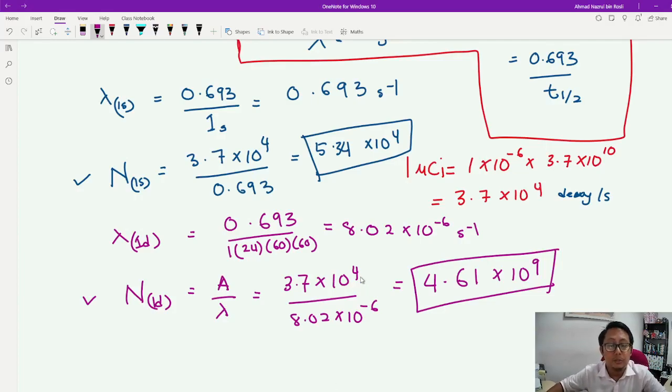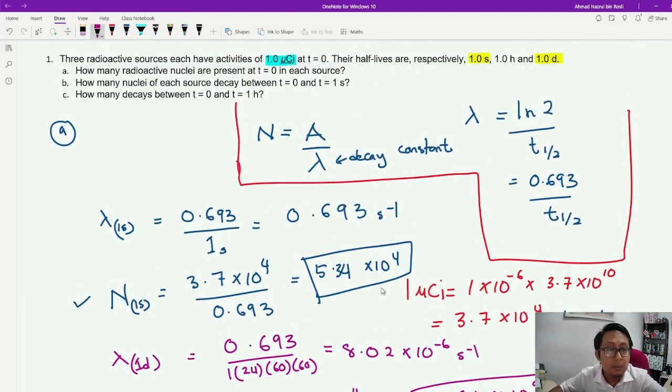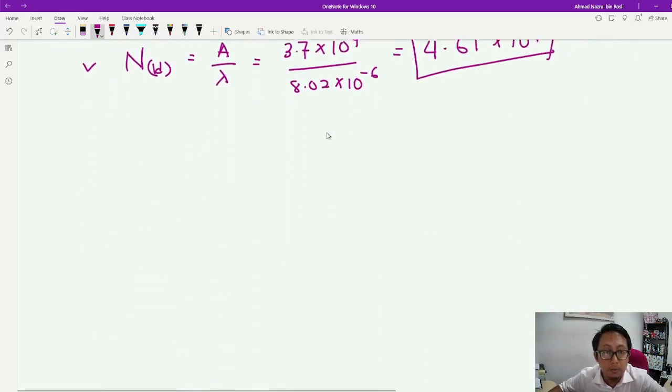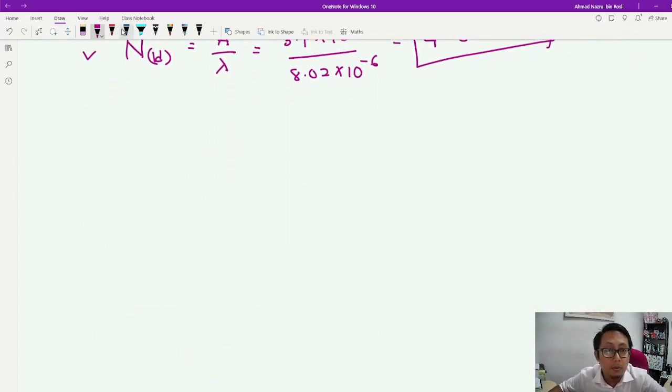Next question: how many decays between t equals 0 and t equals 1 hour?